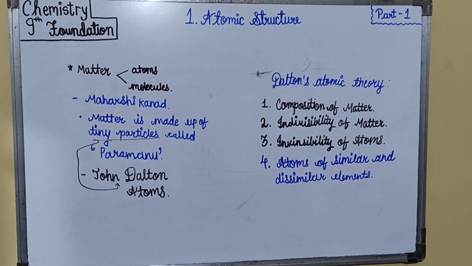Example: atoms of hydrogen element are identical in all respects. Atoms of different elements are different. Another example is atoms of hydrogen and oxygen elements are different in all respects.